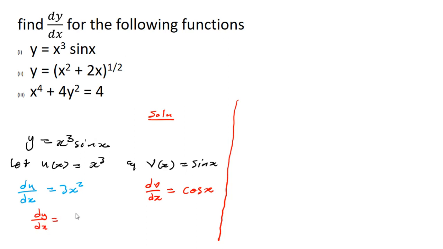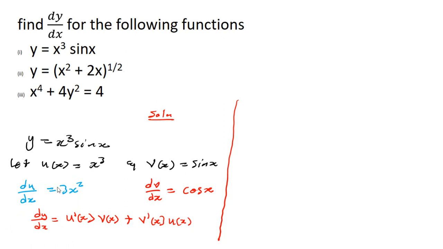So dy dx is simply equal to u complement x, which simply means the derivative of u of x, multiplied by v of x, and then plus v complement of x, which simply means the derivative of v of x, multiplied by u of x.